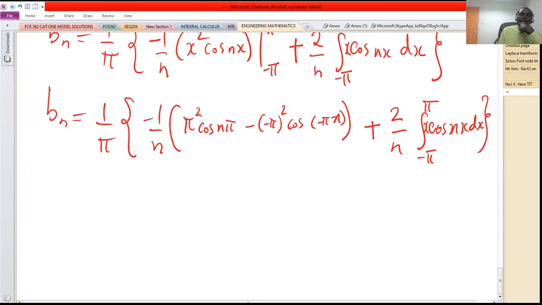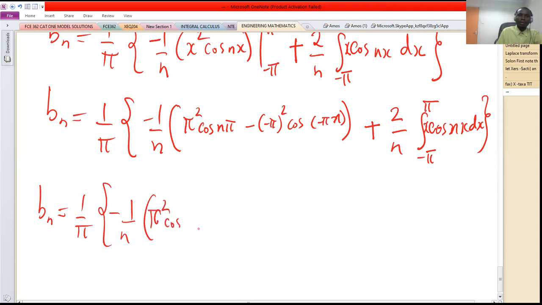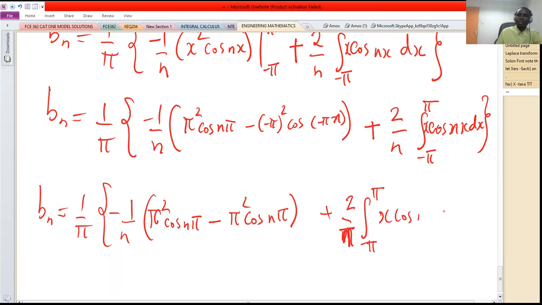So you should see that bn is 1 over pi into minus 1 over n. So this will be pi squared cosine n pi. Cosine of a negative angle is positive, so minus pi squared cosine n pi, plus 2 over n integral from minus pi to pi of x cosine of nx dx.